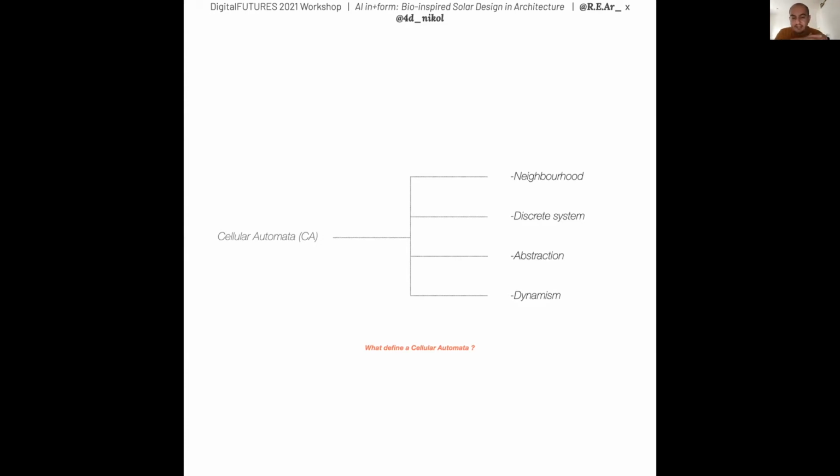Then the second interesting concept behind a CA is that it is based on a discrete system. So we have a system that is aggregated in a quite simple logic of geometries in X, Y, and Z coordinates. So we have an object, for instance a voxel, and this voxel contains a limited set of possibilities to be aggregated to the next one.